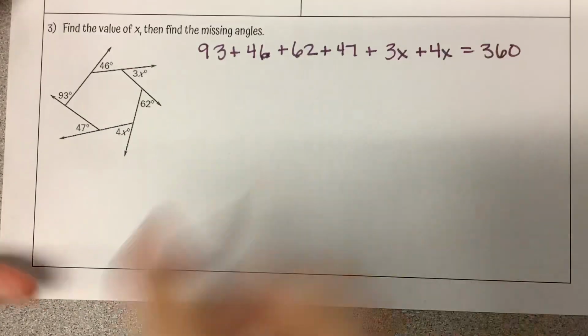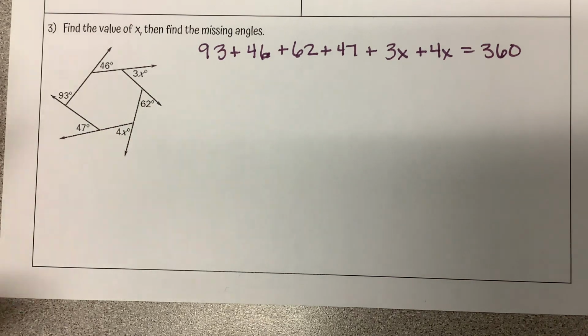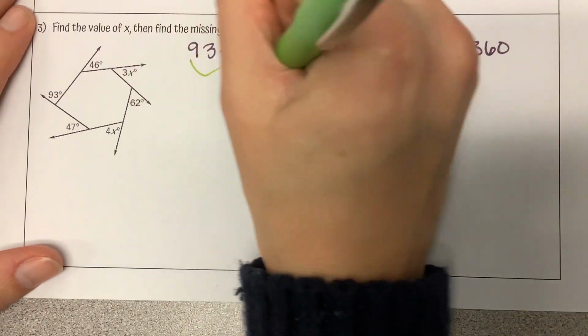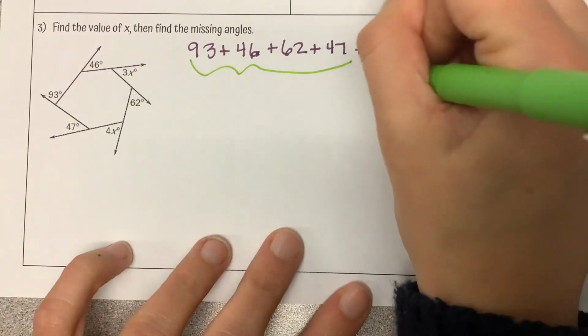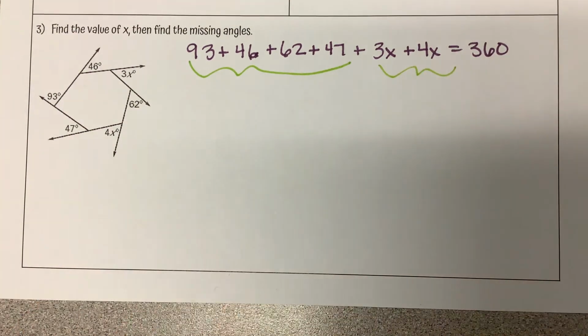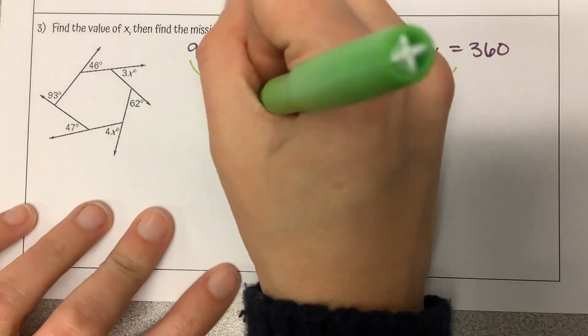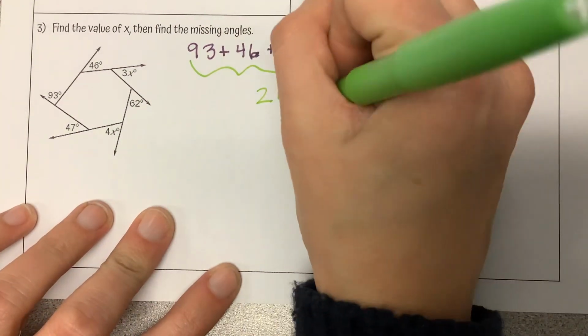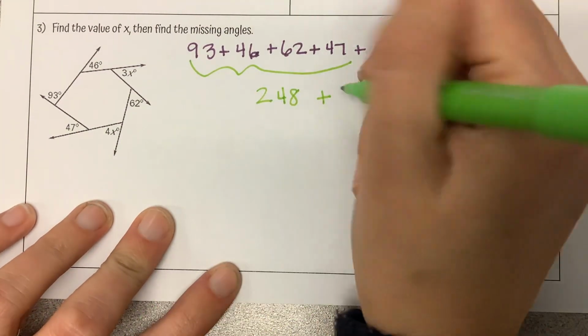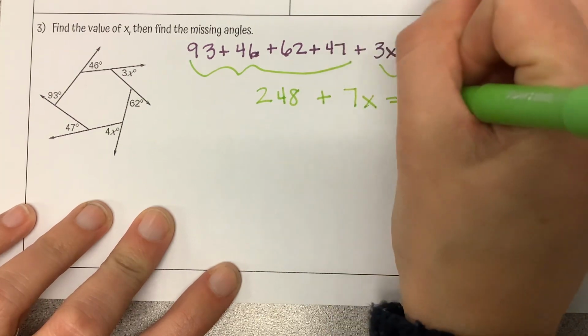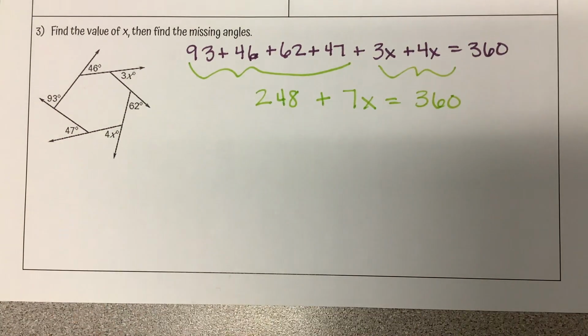So I'm going to combine these numbers, and I'm going to combine my variables. So I'm adding 93 plus 46 plus 62 plus 47, which equals 248, plus 3x and 4x makes 7x is equal to 360.